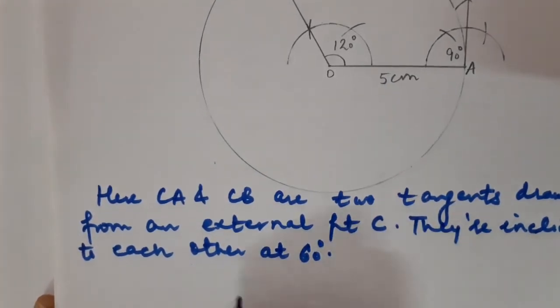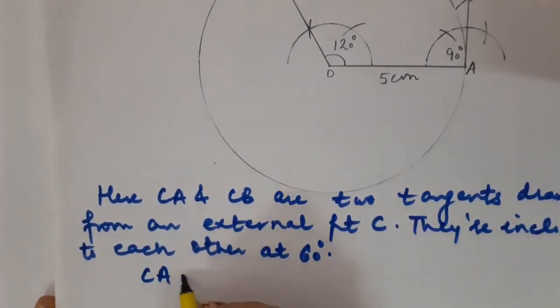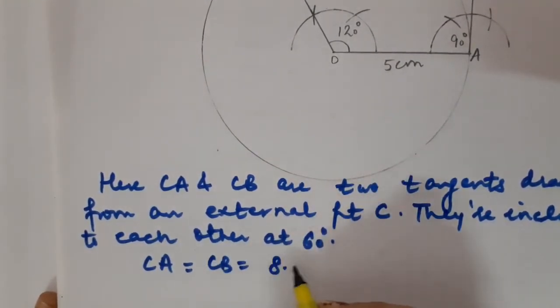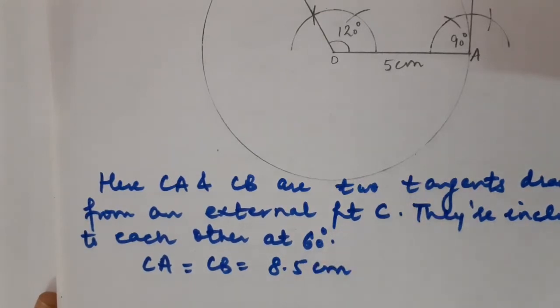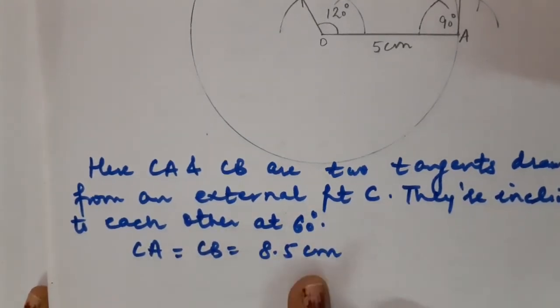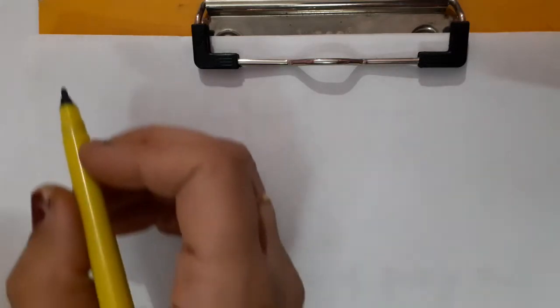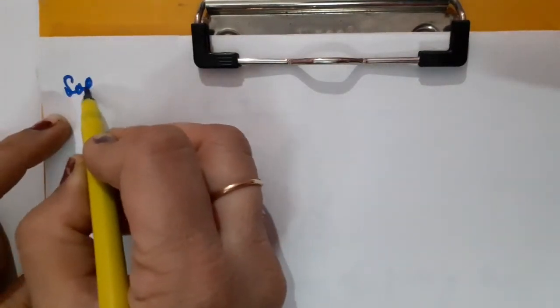Fine. So now we have just measured the length of both the tangents, that is CA and CB is equal to 8.5 centimeters. That length must be same, as you know that the length of the tangent drawn from the external point are always equal. Understood? Now children, fifth question was given as homework in the previous lecture.